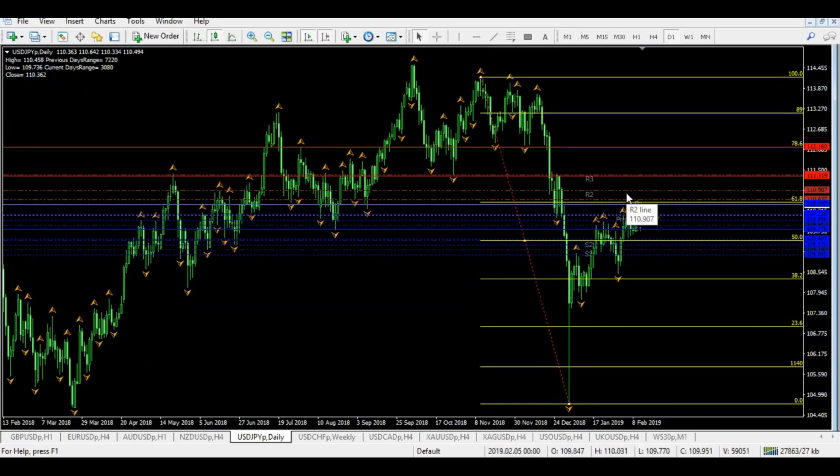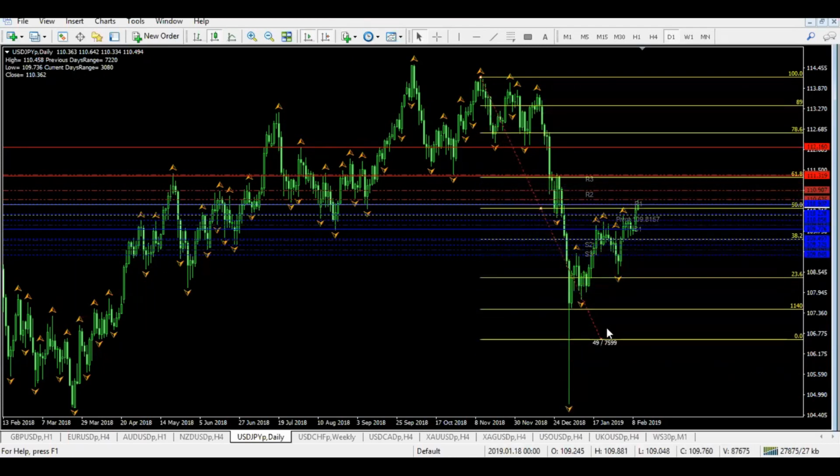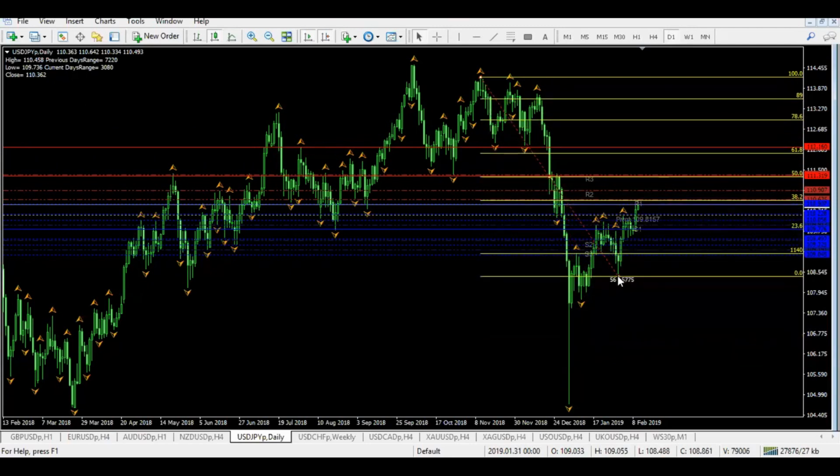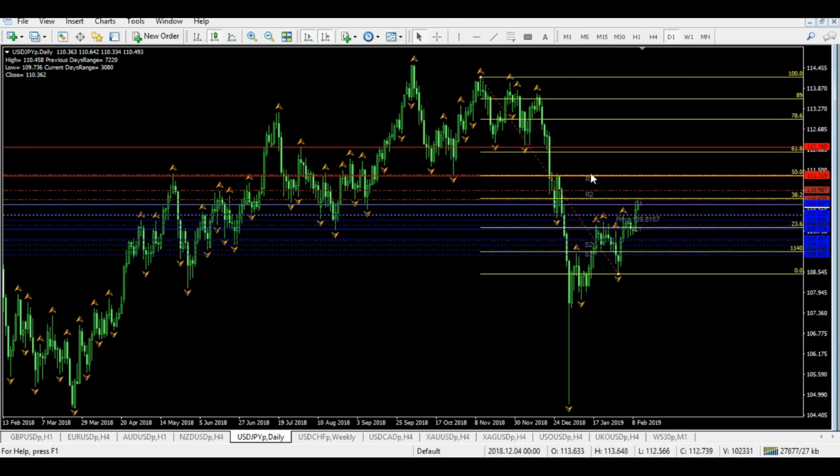To know sooner and easier, like I see that my 61 has been broken, I do a buy position. I shouldn't put my take profit fixed on 78. I take the base of the 0 and put it on the last high that has been formed. Don't touch the top part.